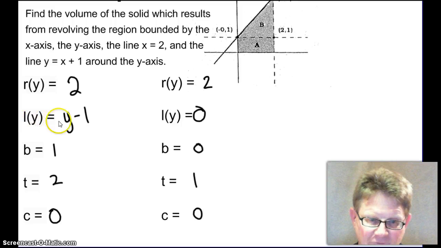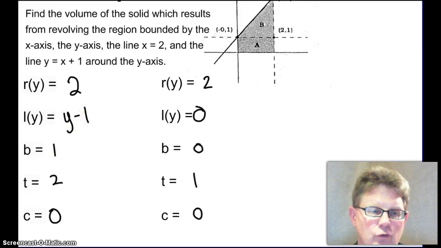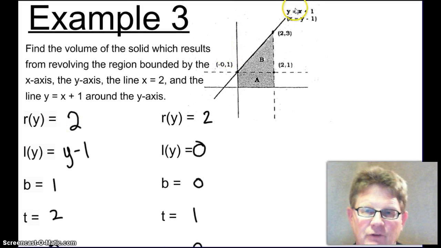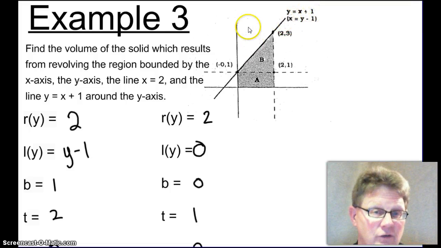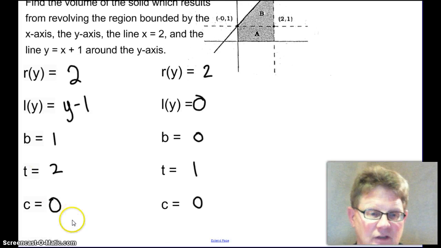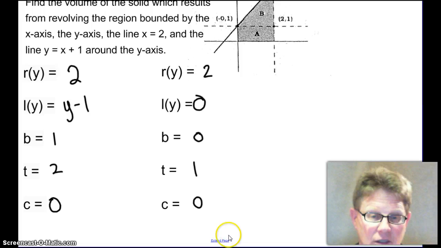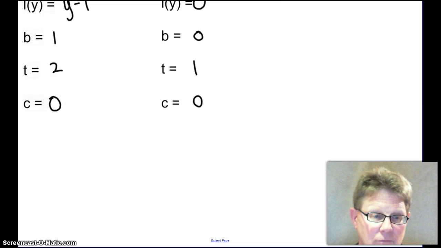Notice that my left function here is y minus 1. The original function was y equals x plus 1. We need to solve for x because it's a vertical line that we are revolving around, so we solve for x and got y minus 1. Alright, let's set up both integrals. So go ahead and set up both integrals for region B and region A and check your answers.